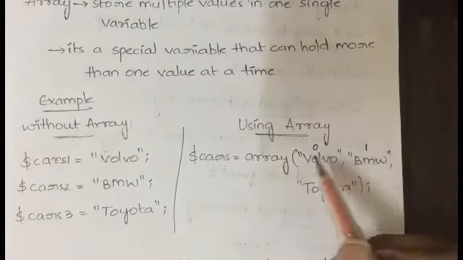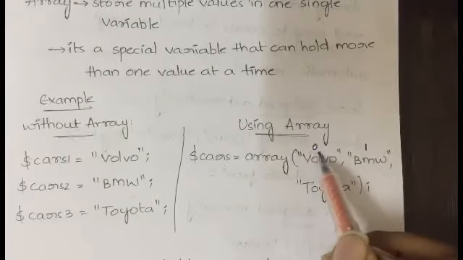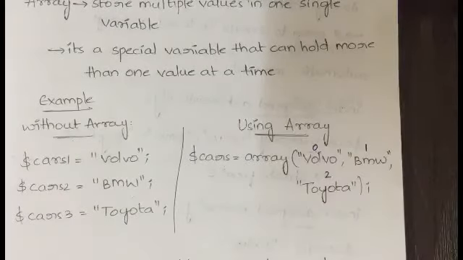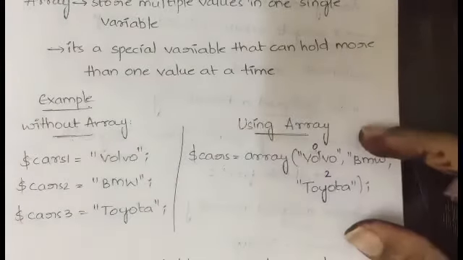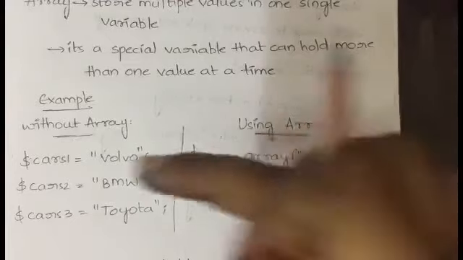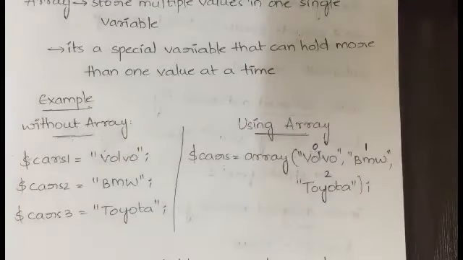Generally in arrays we start indexing with 0, right? 0 to n-1 we do, right? So you understood what is the use of array, right? You understood what happens if we don't use array and what happens if we use array, right? The length of the program also will reduce, right? The declaration time, everything will reduce if we use arrays, right?